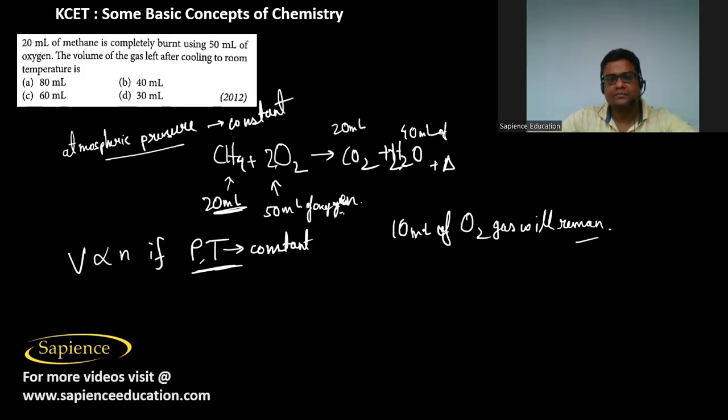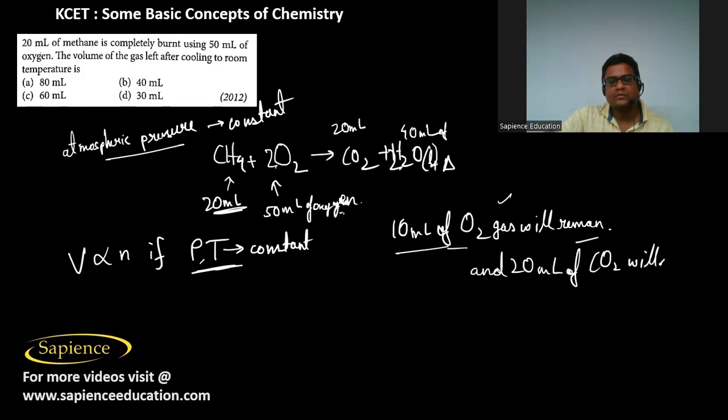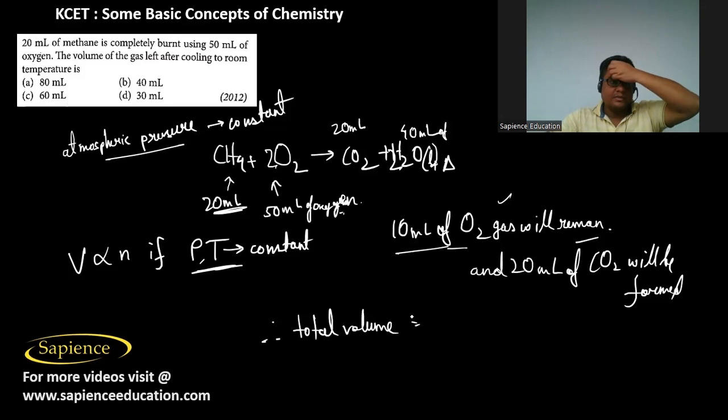Now, H2O is in the liquid form. Therefore, the volume of the gases left, that is 10 ml of O2 gas will remain, and 20 ml of CO2 gas will be formed. So the total volume of the gases which will be left will be 10 ml of O2 plus 20 ml of CO2.